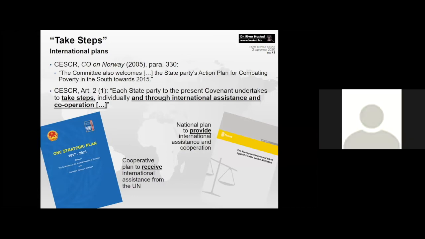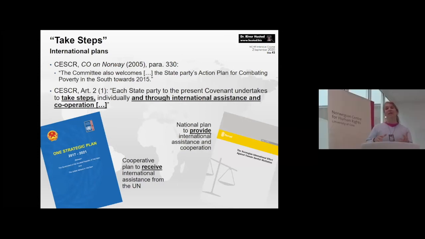But the committee would say no, the HDI gives you a very general indication, and to fulfill the obligations under the covenant, there really has to be nationally created benchmarks at the national level.